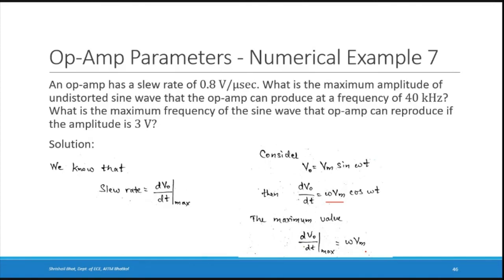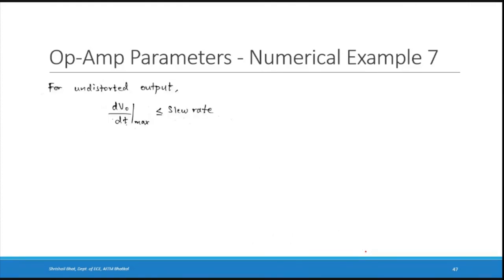Omega is equal to 2 pi f, where f is the frequency in hertz. So for undistorted output, the slew rate's maximum value is this, and this particular thing should be lesser than the slew rate.